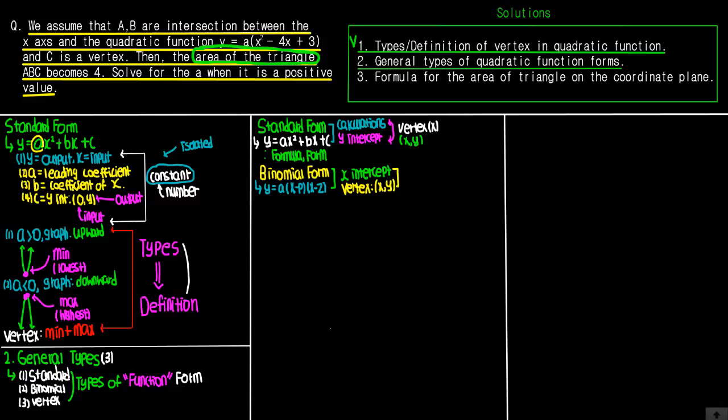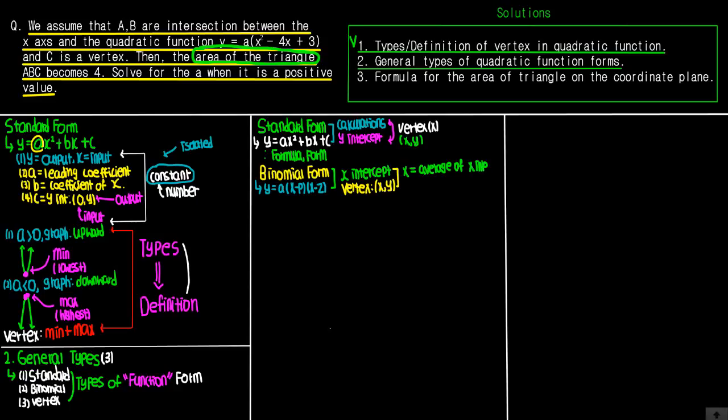And the good thing about the binomial form is we don't have to convert it into some specific form or apply formulas, unlike the standard form, because the x in our vertex is the average, or mean, of the two x-intercepts.